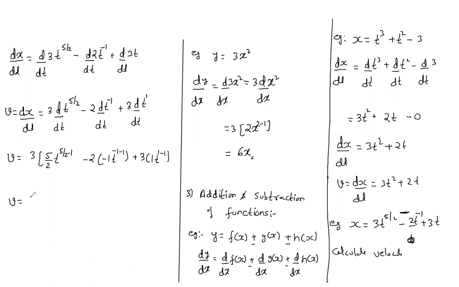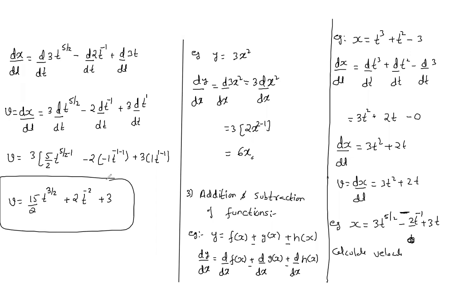So this is 15 by 2 t to the power 3 by 2 plus 2 t to the power minus 2 plus 3. So this is the final answer. This is your velocity if your position is this function.